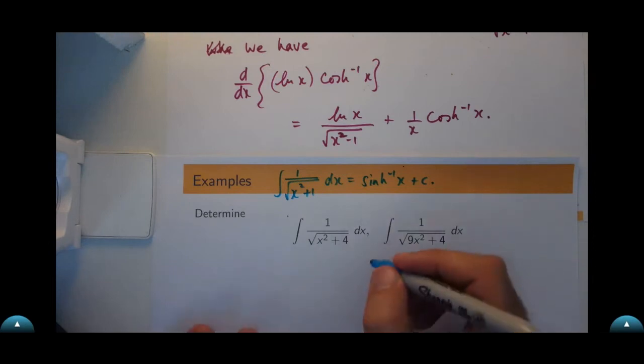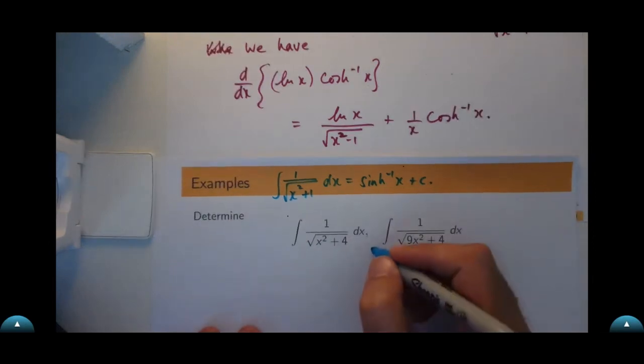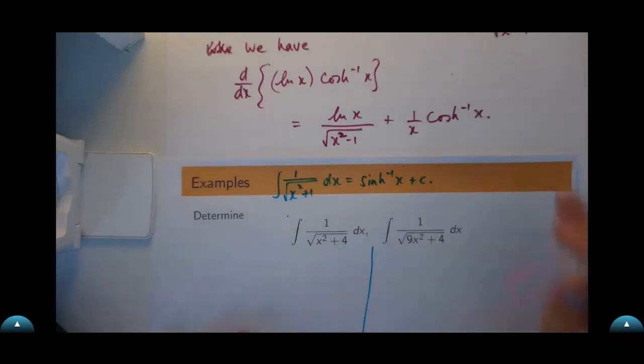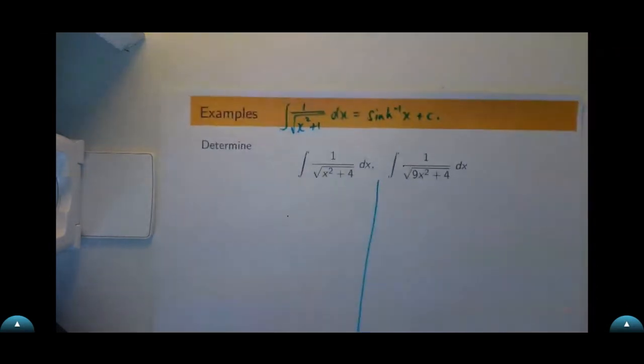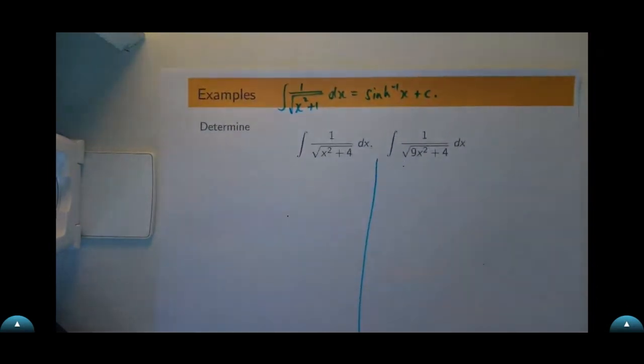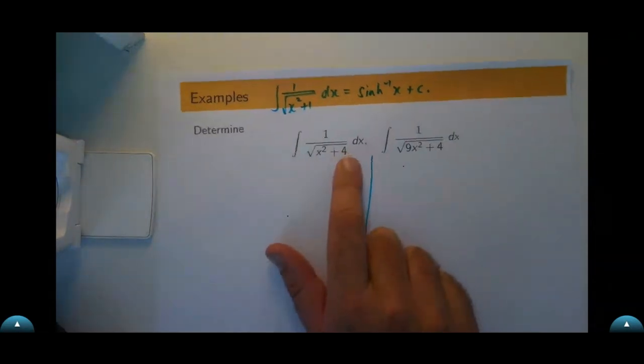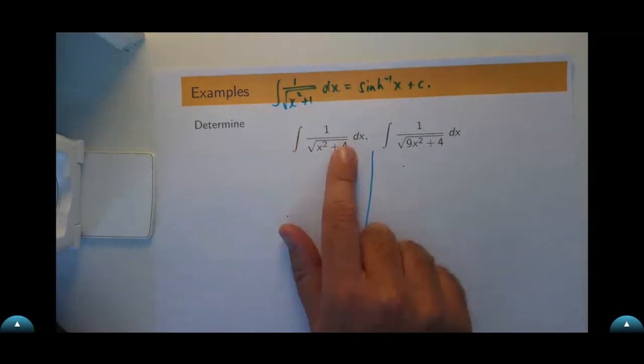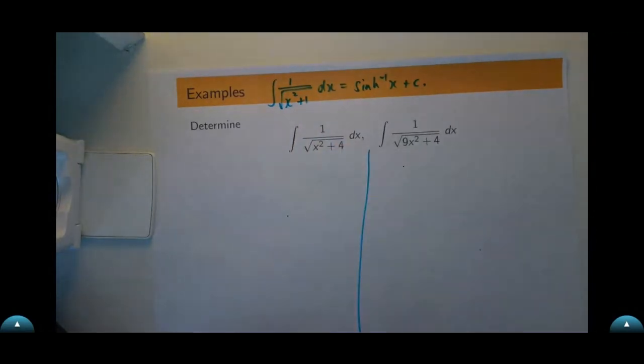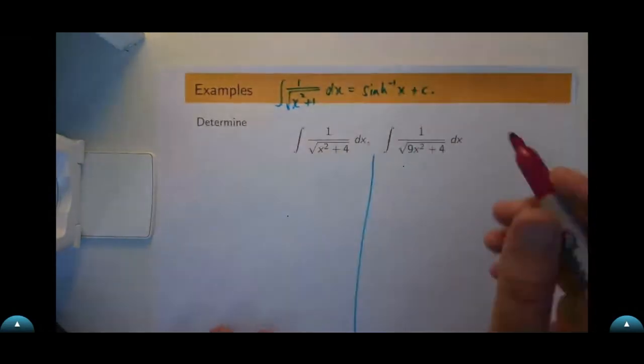So let me see if I can do that. I'm going to do a little bit of algebra on this to make that 4 into a 1. Let me show you how we do it.